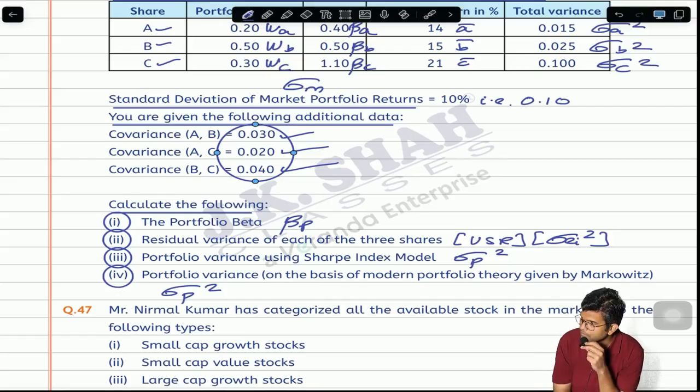Keep it in squared. SR, USR. SR and USR if asked in the exam.